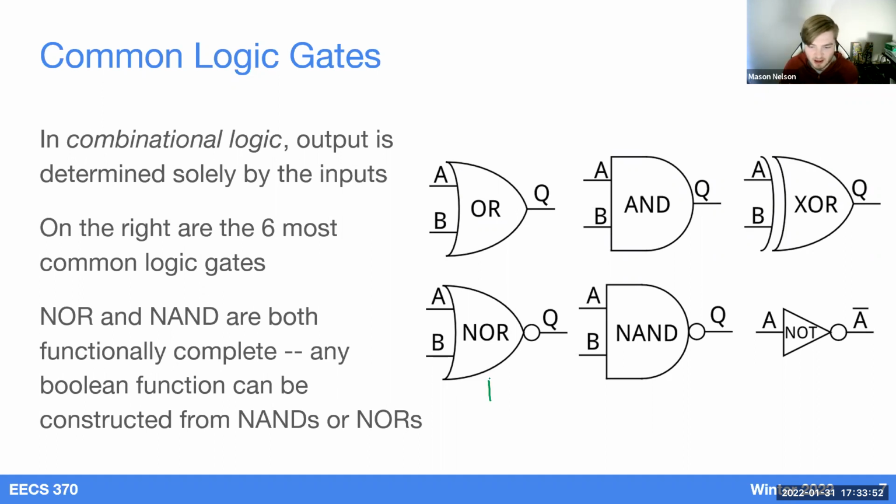So this NOR gate here would be equivalent to an AND gate with NOTted inputs A and B. Similarly, this NAND gate here would be equivalent to an OR gate with NOTted inputs A and B. And so I'm going to use the bubble here to represent a NOT. So anytime you see the NOT, that's going to be a bubble of some sort.